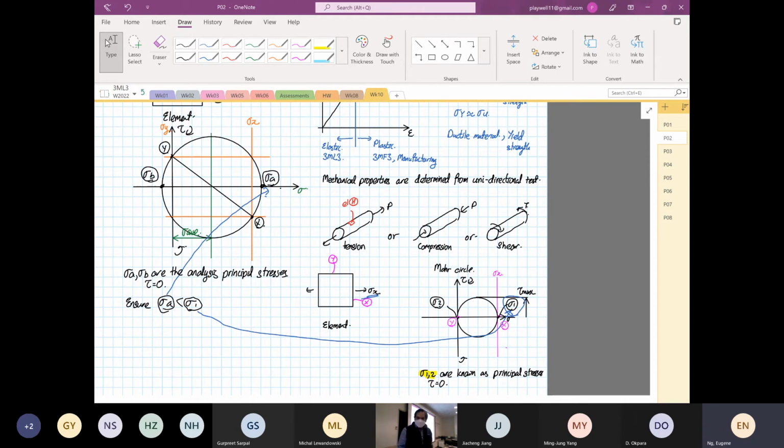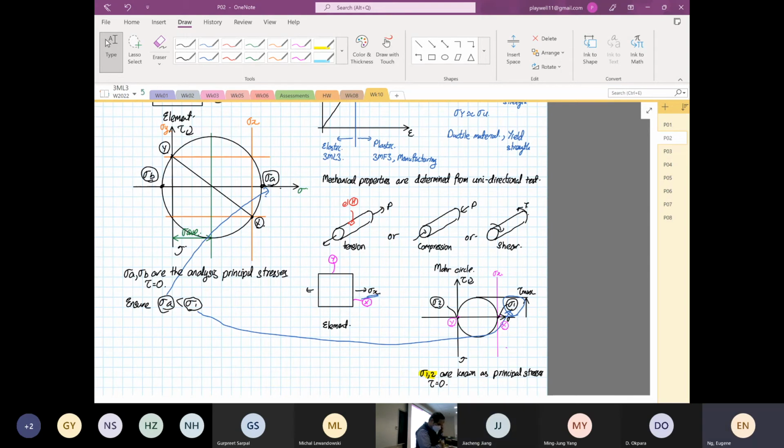Yes, Jiang, you have a question. I think the shear stress A is larger than the stress 1, right? Can you please explain again why the shear stress A is smaller than shear stress 1?